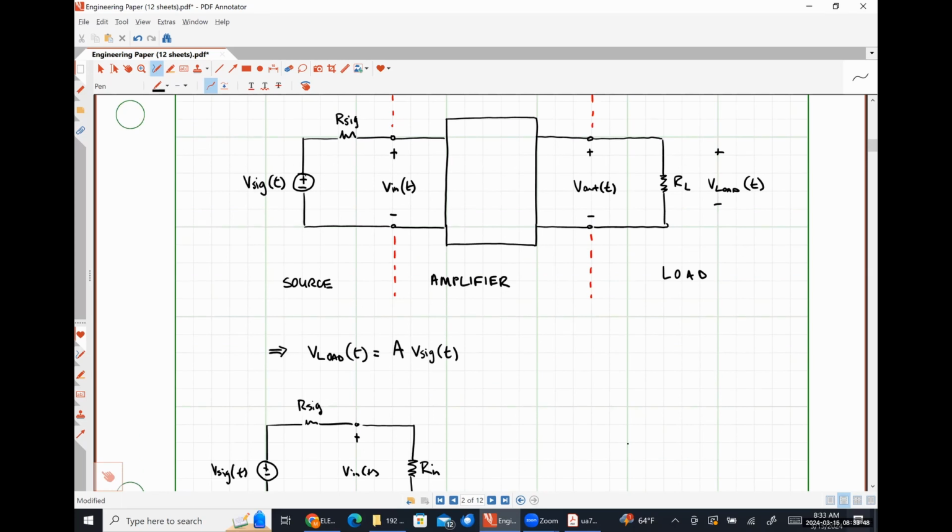If we took this load resistance out and looked into the output terminals, what do you think we would see? Again, we're just looking for a Thevenin equivalent circuit, so probably a voltage source in series with a resistor. Looking in through here, we are going to see some contribution from this signal source, so our Thevenin equivalent circuit will actually include a voltage source. I am going to choose to represent that voltage source as a dependent source in this particular case.